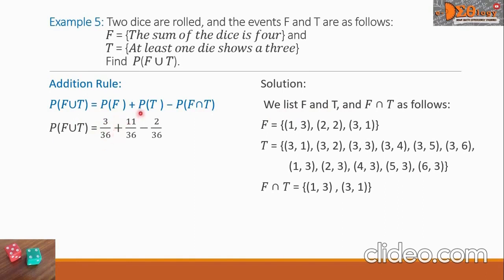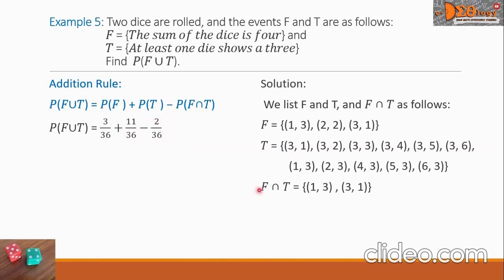Then plus the P of T, so we have 11 over 36. We write here 11 because there are 11 pairs in our event T. Over 36, again there are 36 possibilities in the rolling of 2 dice. Then minus the intersection. So we write 2 over 36.